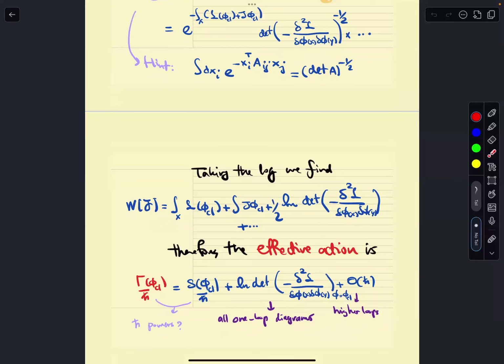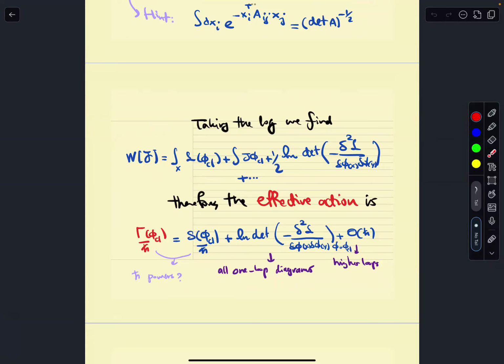Now, what was the effective action? The way we calculate the effective action was using W, right? So if you calculate the effective action and expand it, what you find is that the effective action is the action evaluated on phi classical. This is an expansion, it's a loop expansion. It's an expansion, and you could view it as in powers of h bar, 1 over h bar.